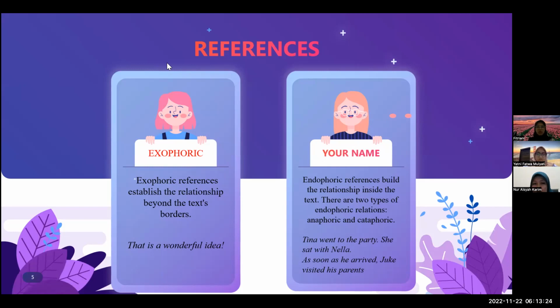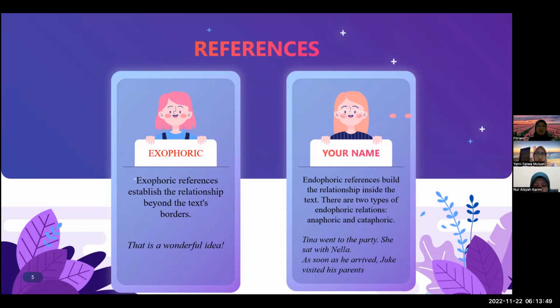Well, we start from reference first. Reference is the scenario in which one element cannot be semantically comprehended unless it refers to another element in the text. In reference, there are two types.